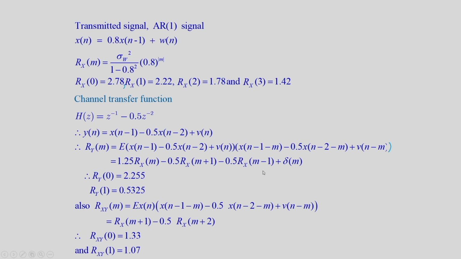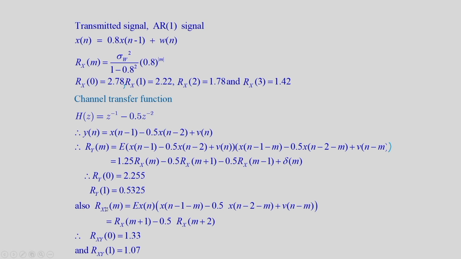So that way this term will be delta m, and that variance is equal to 1. Therefore, Ry of m will be equal to 1.25 Rx of m minus 0.5 Rx of m plus 1 minus 0.5 Rx of m minus 1 plus delta m, and we know the values of Rx of m.